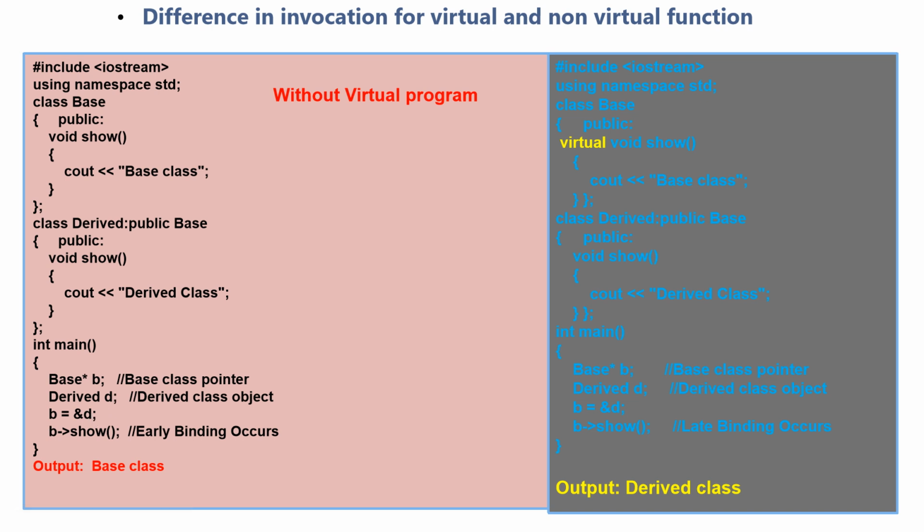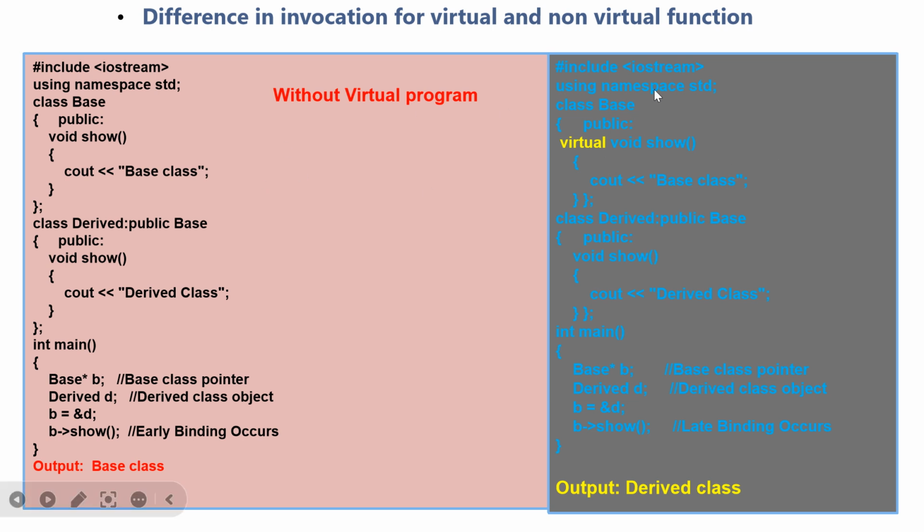Now we are calling the function show. Here we didn't give the virtual concept in the base class, so it's early binding. So we receive the output of the base class, because we didn't have the concept of virtual here.